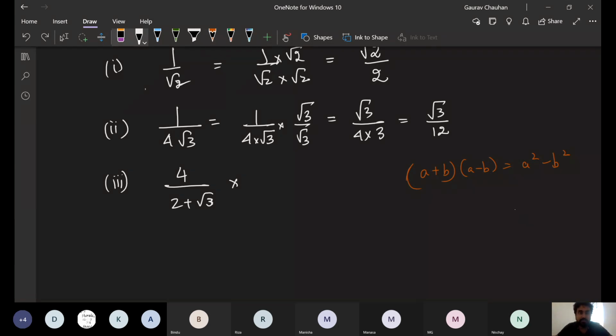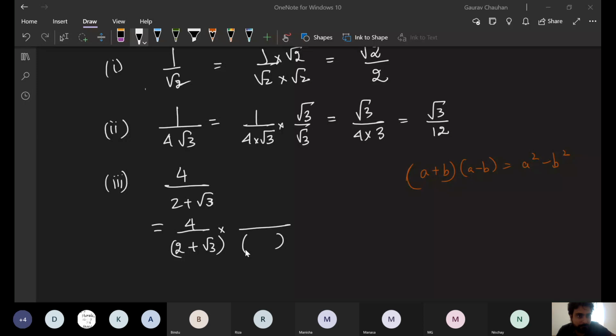I'm just going to write in the next line for ease of understanding. For rationalizing this, what should I multiply it with in the denominator, Manisha? Sir, no idea. Okay, no problem.